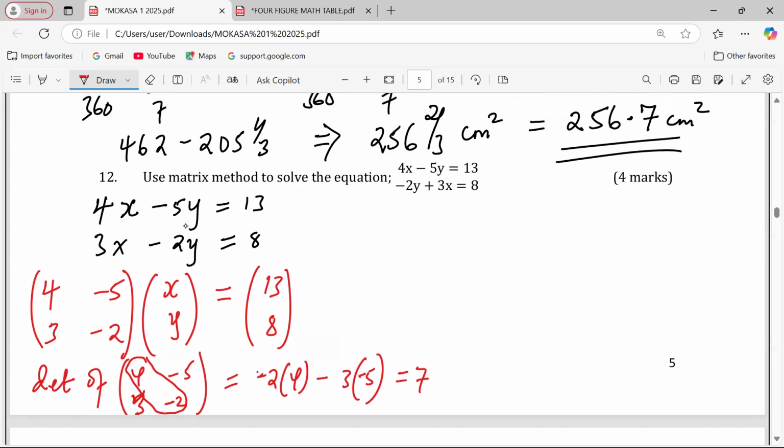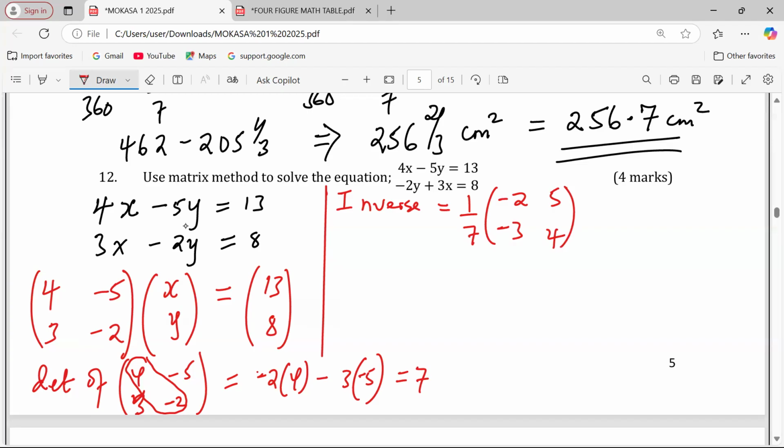Now that we have 7, we have to get the inverse of this. The inverse becomes when we divide everything by 7 in this matrix, but having interchanged 4 and negative 2, and for 5 and 3, we change the sign. So negative 5 becomes 5 and 3 becomes negative 3.